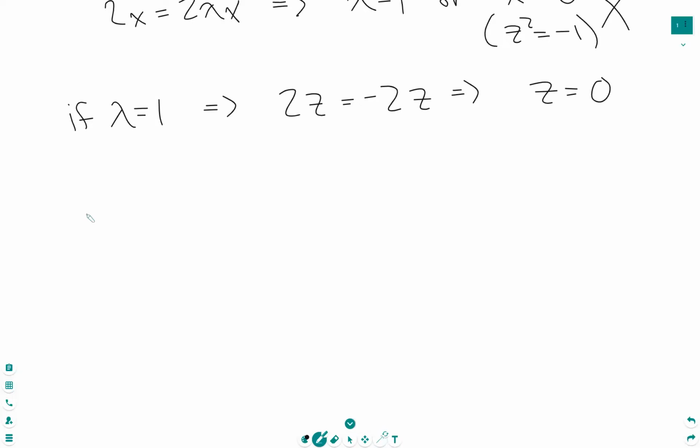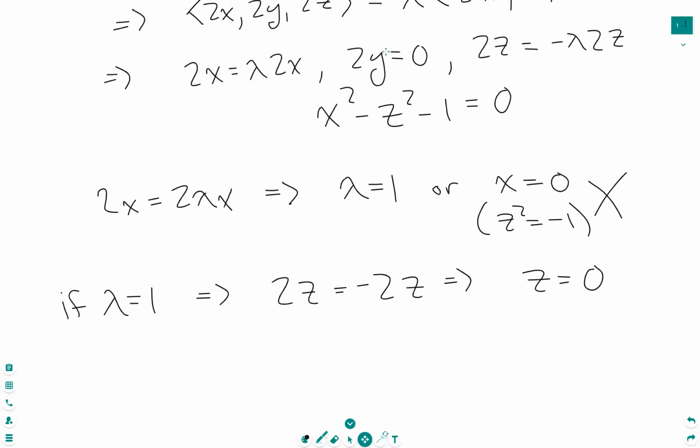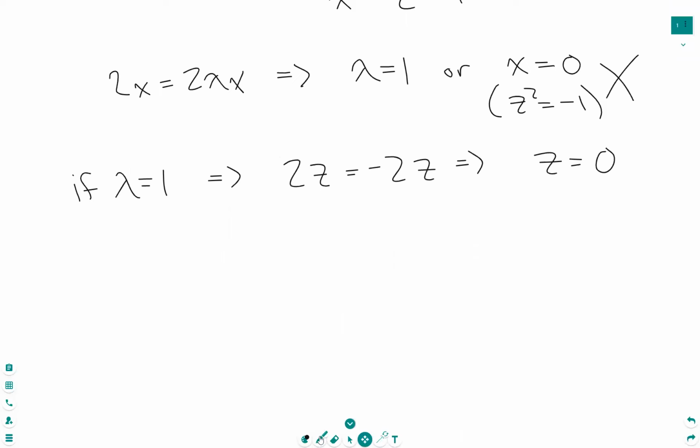Did we talk about y? Oh, no, we didn't talk about y. The y expression is just 2y is equal to 0. That had nothing to do with lambda. So we can definitely say that y is equal to 0. So now what I have is that if lambda is equal to 1, I have that z is equal to 0, and I have y is equal to 0.